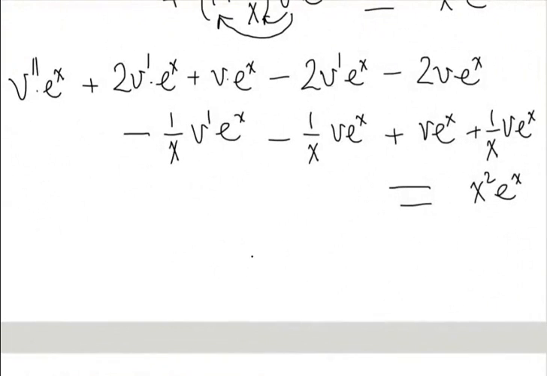Now we need to collect like terms and simplify. As before, collecting like terms means that we look at terms with derivative of v. So this is one term, and we don't have any other second derivative. So rewrite that v double prime e to the x. Next, we look at derivative v prime. So these are the terms with v prime.